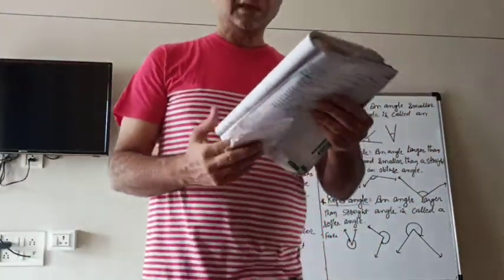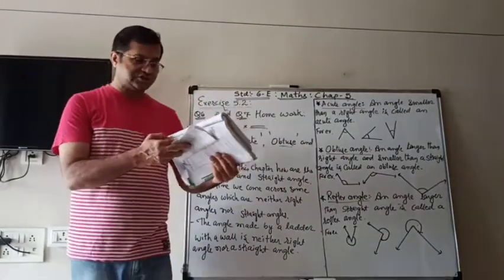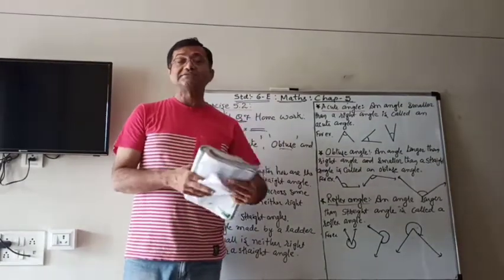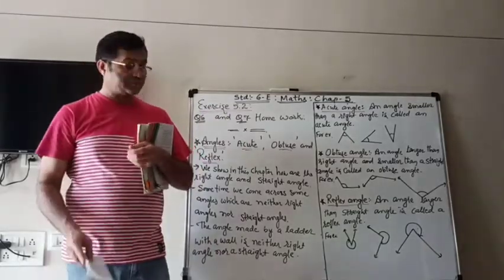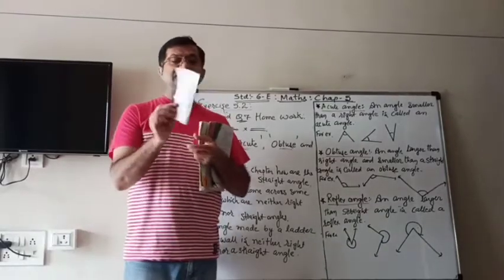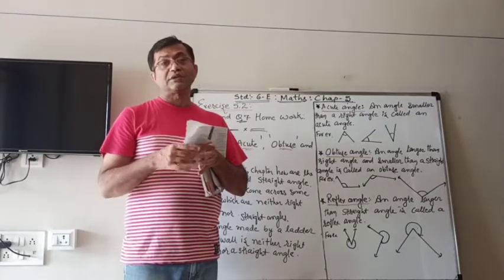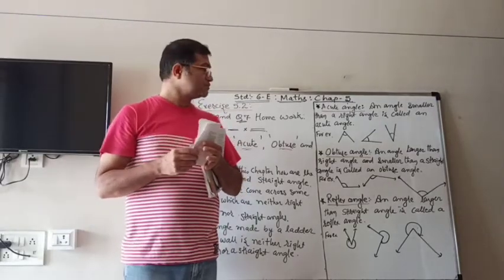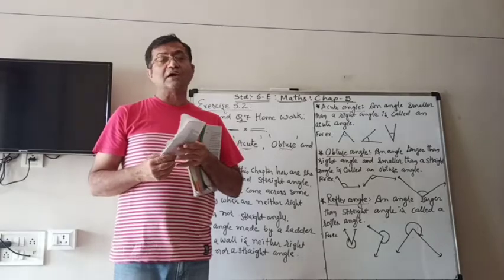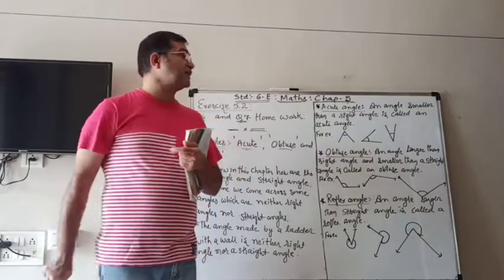It is known as a right angle tester, or you can say it as a RA tester. Now we can put that edge along with the angle. If it is the same like that, then it is a right angle. Otherwise, it is not a right angle.